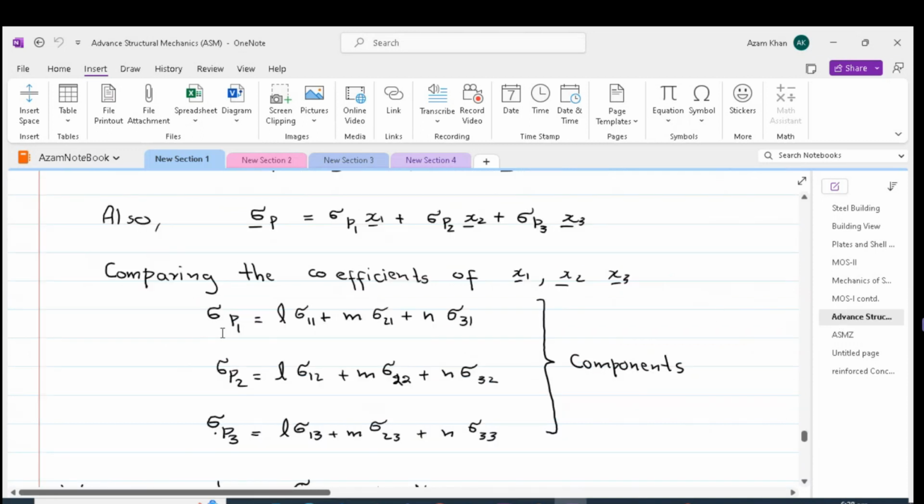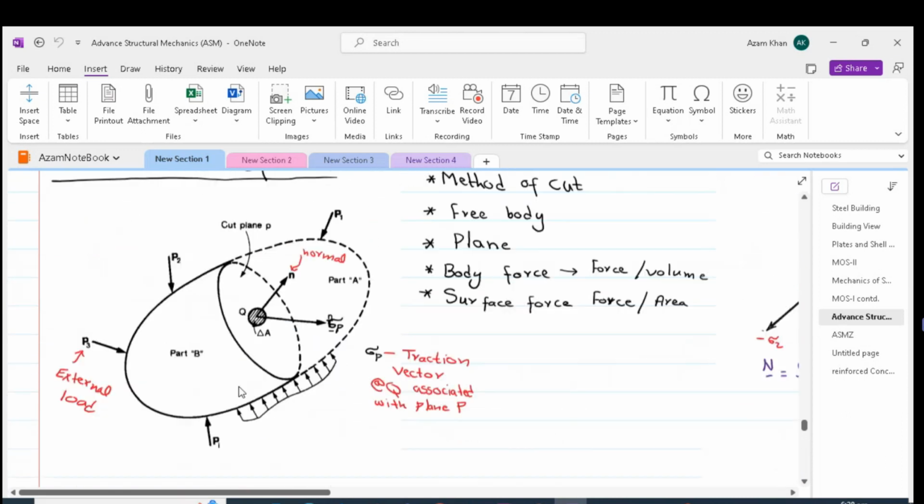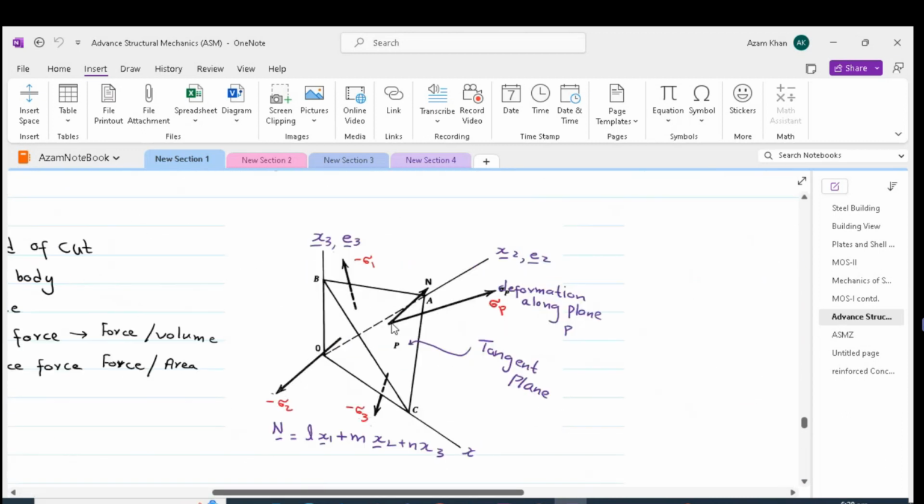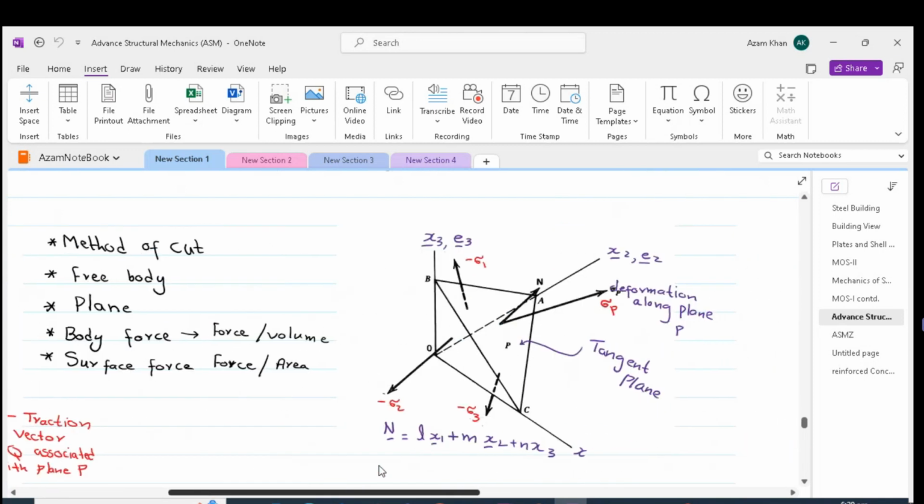We know from our previous discussions that sigma p1 is equal to L sigma 11 plus m sigma 21 plus n sigma 31. Thus, based on equilibrium, our component of sigma p is equal to the corresponding component of stresses.